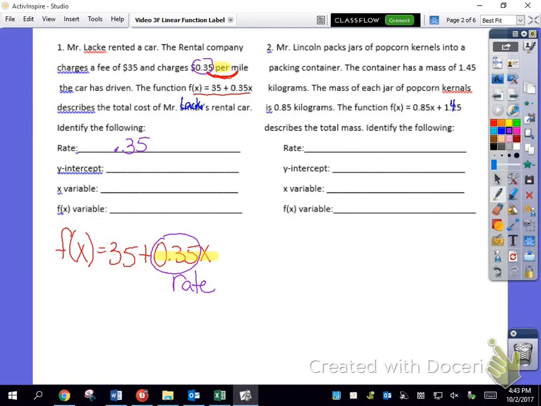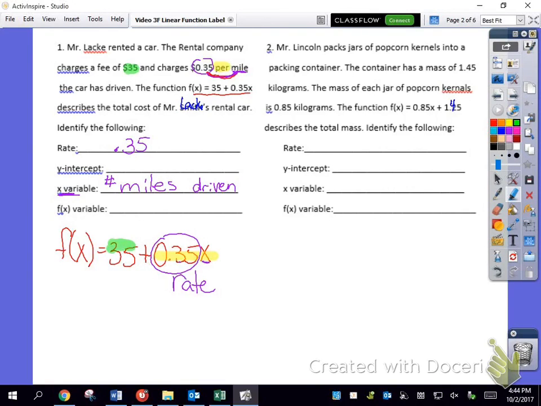Now, it goes with the word mile. And remember, there's my x variable, 0.35 goes with what? Per mile. So the x variable represents the number of miles driven. Okay, the number of miles that it's been driven. Now, what other information am I given? I'm given that the rental company charges a fee of 35.